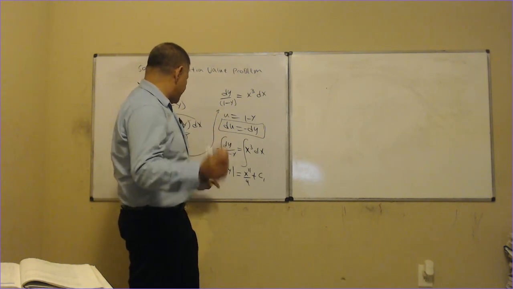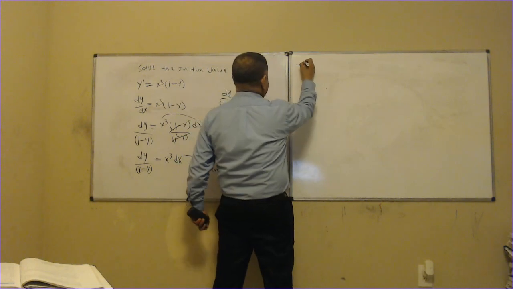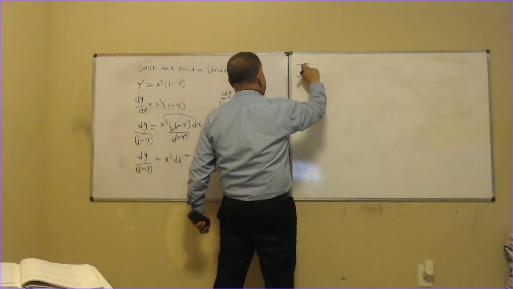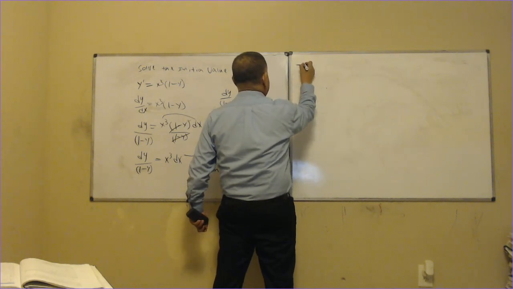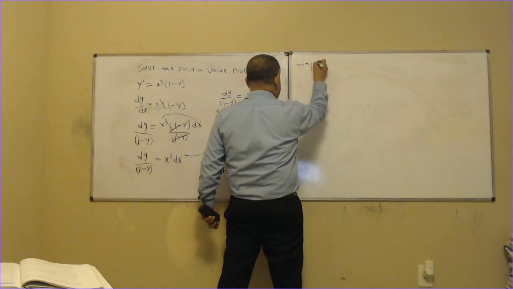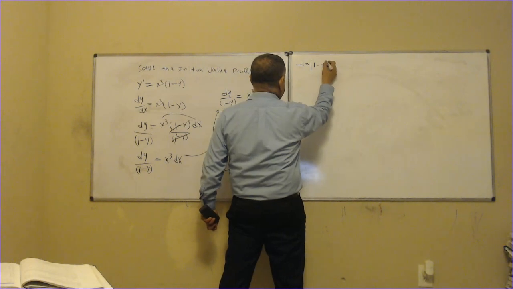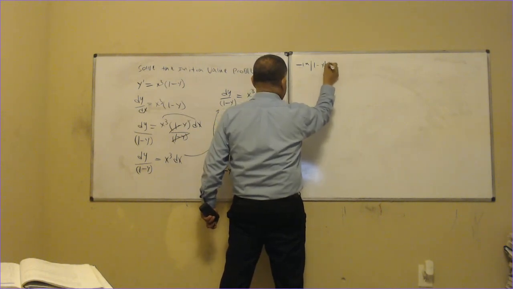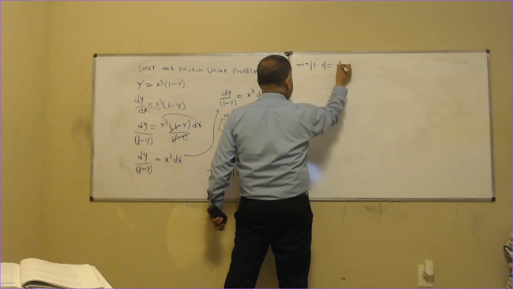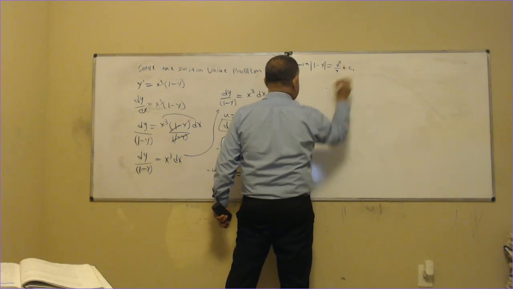We have something right here: negative ln, or sometimes people just write ln with the lowercase, negative ln, natural log of 1 minus y, equal to x to the fourth over 4 plus c1.